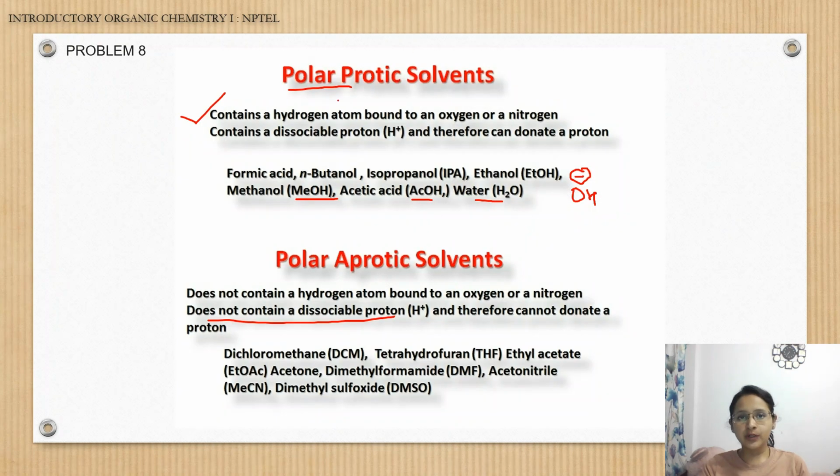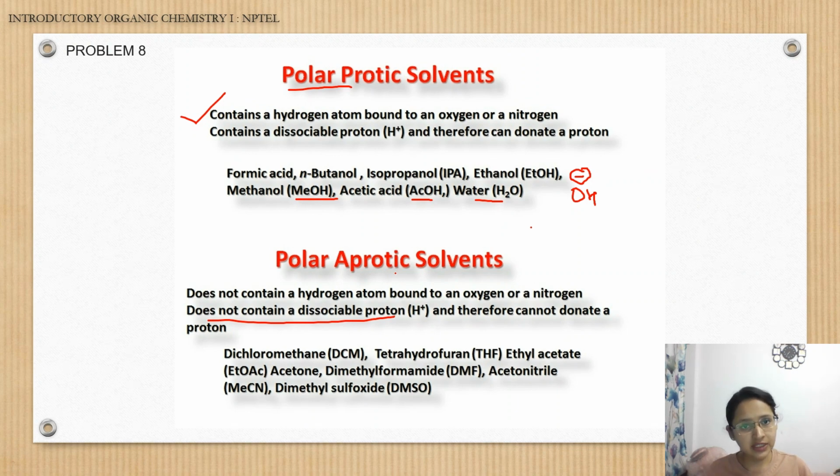In polar protic solvents, the hydrogens are attached to an electronegative atom and are very easily dissociable when they dissociate in the system. But the polar aprotic solvent doesn't contain a hydrogen atom directly attached to an electronegative atom and does not give a dissociable proton on dissociation.